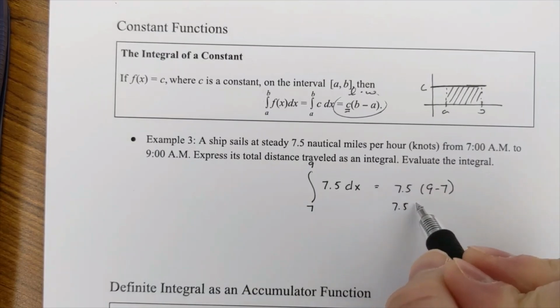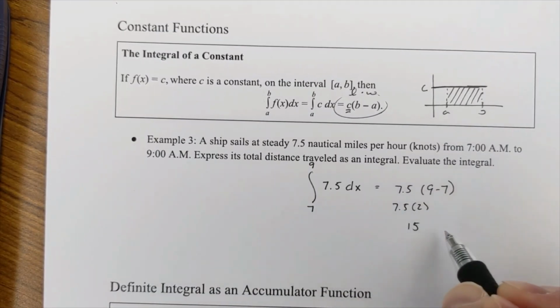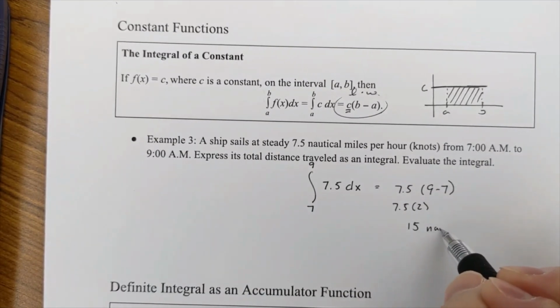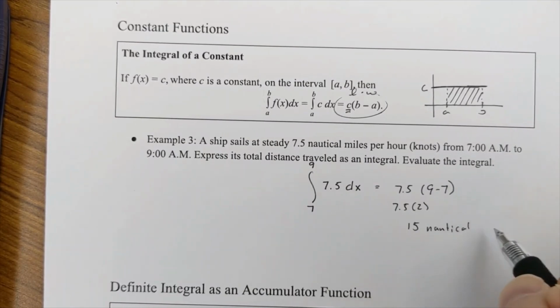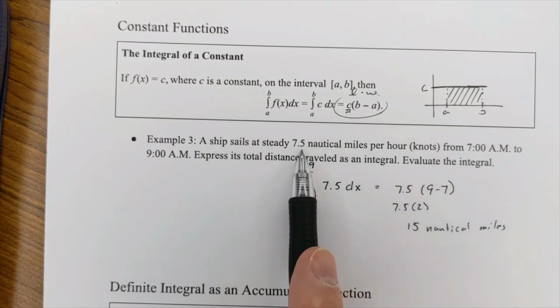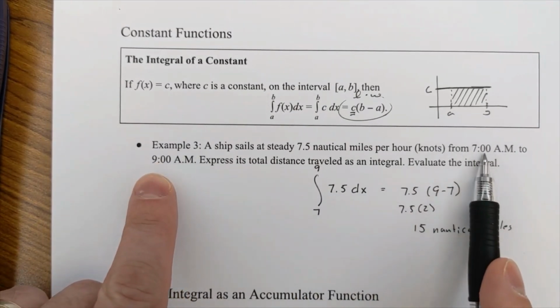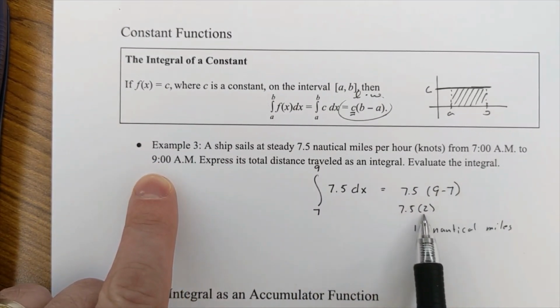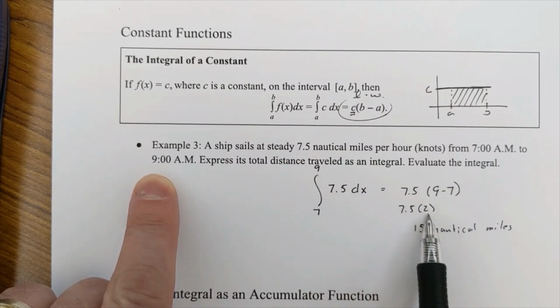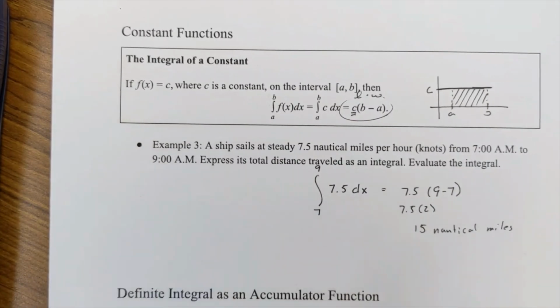So 7.5 times 2, 15 nautical miles. Now, that is a very complicated way to do a very simple problem. You know how fast you're going, you can figure out how long you travel: distance is rate times time, 7.5 knots times 2 hours, you travel 15.